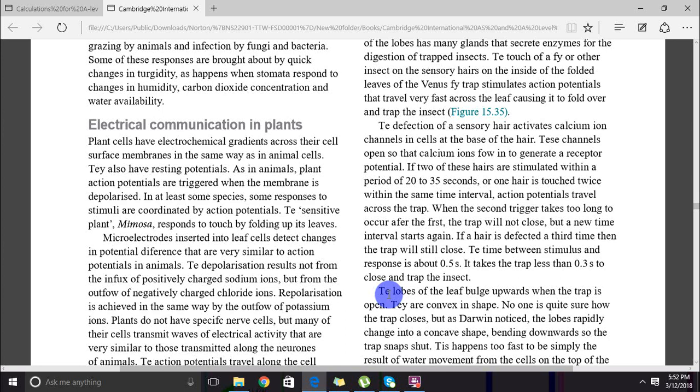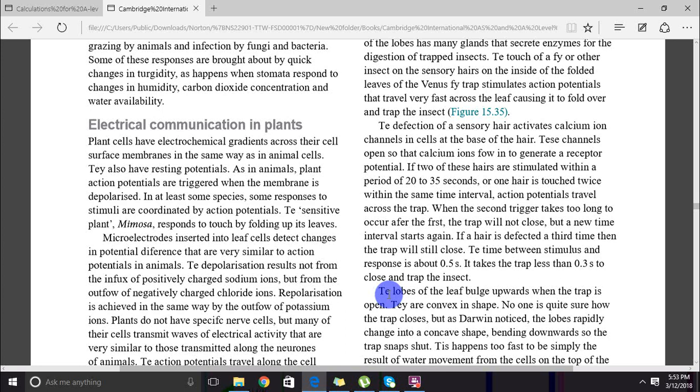Repolarization, on the other hand, is achieved in the same manner by the outflow of potassium ions. So, both depolarization and repolarization happen, but whereas repolarization happens in the same way, depolarization is achieved in a slightly different manner, but with the same end result.